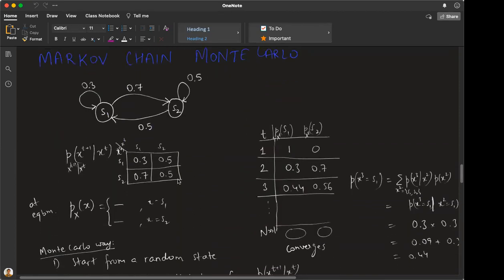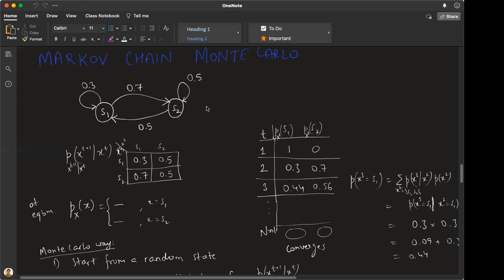Then we came to Markov chain Monte Carlo, which basically means that you have two states, let's say a binary distribution, and you don't know the probability of the state, but you know the transition probabilities. Now this Markov chain Monte Carlo is an interplay between two things.